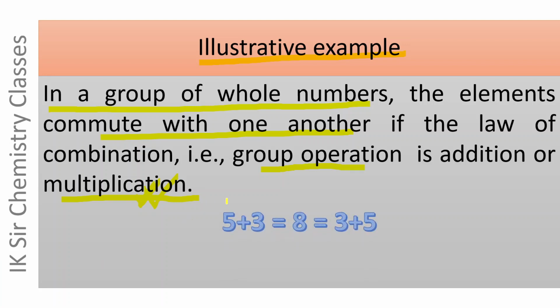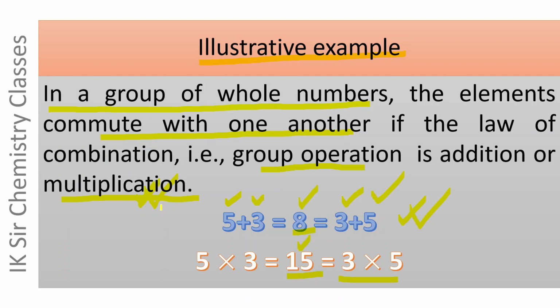For example, 5 plus 3 is equal to 8 and 3 plus 5 is also equal to 8. It means the law of commutation holds good and it is an Abelian group. Similarly, 5 multiplied by 3 is equal to 15 and 3 multiplied by 5 is also equal to 15.